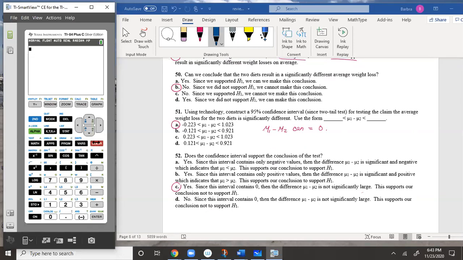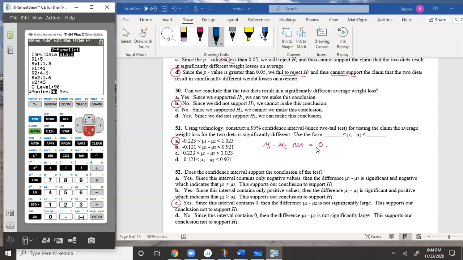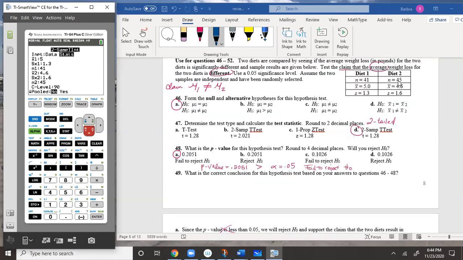All right, remember what program we use? We go to stat, test, two-sample T interval, and then stats. We have to use the information in our table.